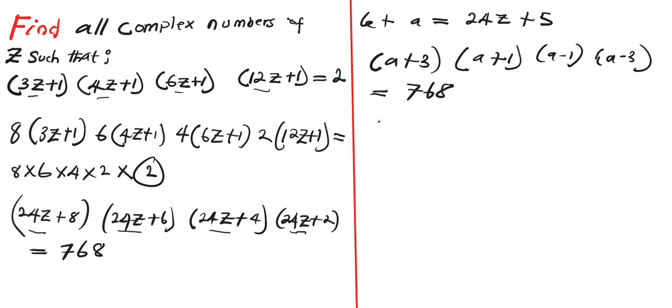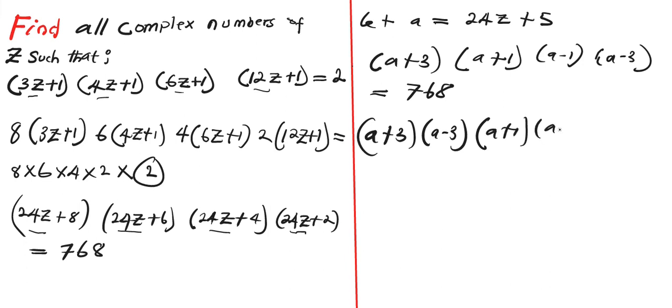Okay, so the next step is for us to rearrange this in order to have a difference of two squares. So we're going to have (a + 3)(a - 3) and (a + 1)(a - 1) equals 768. Let's multiply this out.